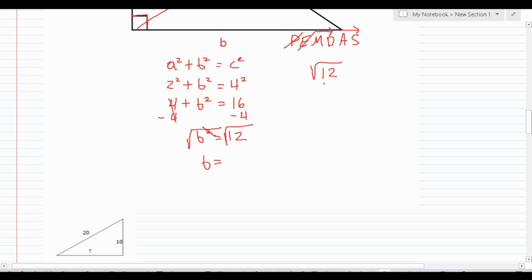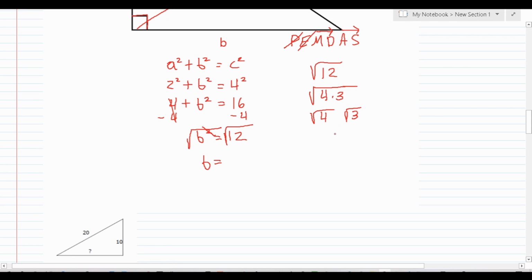And while that is the answer, on the ASVAB, you're going to have to write this in simplest form. So in case you forgot how to do this, let's do this off to the side. Again, 12 is the same as 4 times 3, so we can write those two factors in the radical. And then we can more specifically break those apart into their own radicals, namely radical 4 times radical 3.